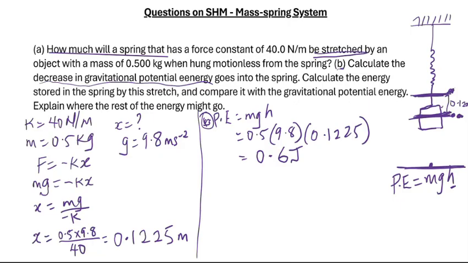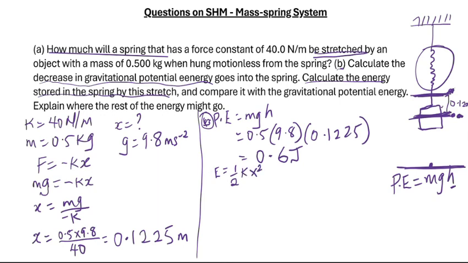Now the second question says we should calculate the energy stored in the spring by this stretch. The energy stored in the spring is half kx squared, as we discussed earlier.